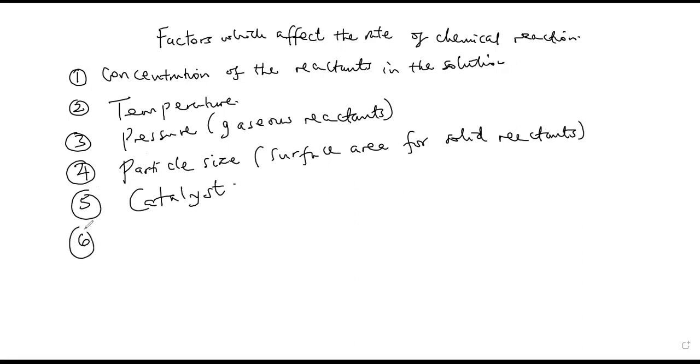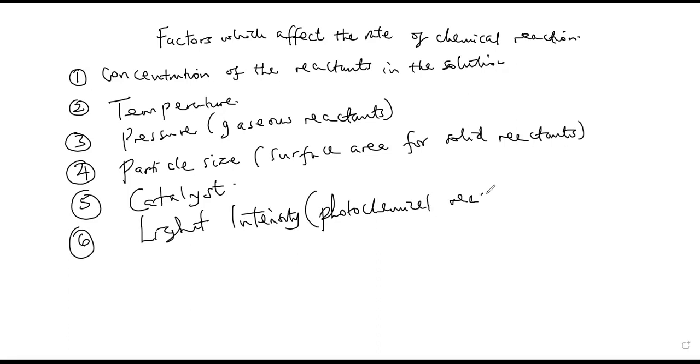Then we've got light intensity for photochemical reactions. You find this one common in photochemical reactions. But we're going to begin with the concentration, and then we see how concentration affects the rate of a chemical reaction. So let's begin with the concentration without any delay.